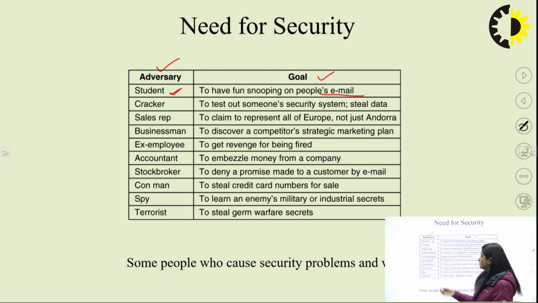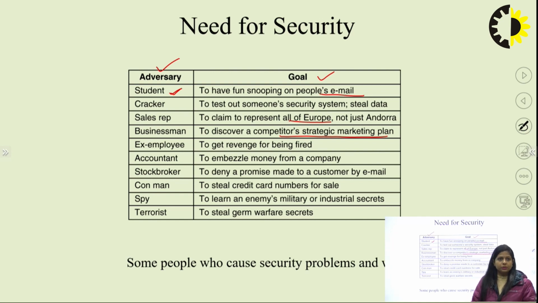Another could be sales representatives. What could be their goal? To claim to represent all of Europe, not just Andorra. It could be anything, right? Another example is businessmen, who want to discover a competitor's strategic marketing plan.